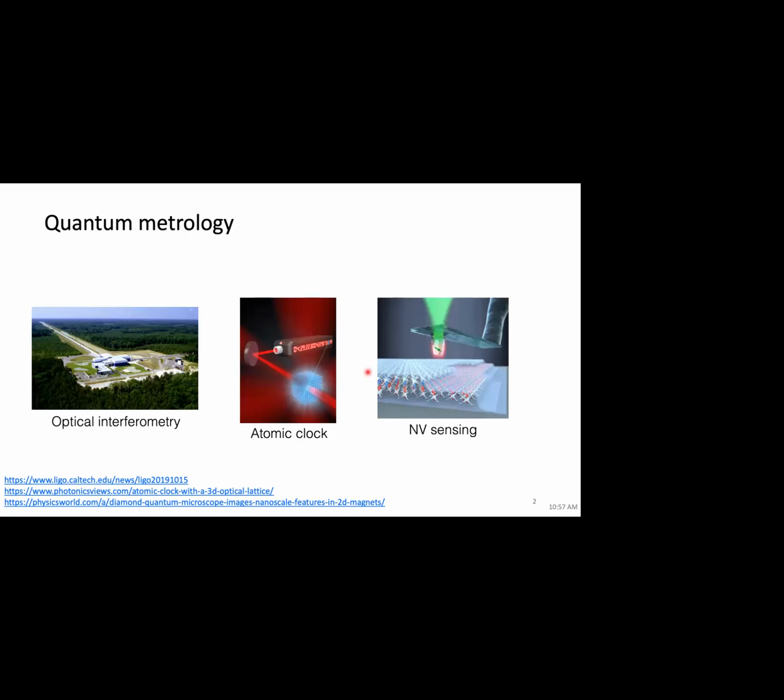And in nitrogen vacancy centers, we can estimate the magnetic field and electric field, and so on. My talk is going to focus on the theoretical aspect of quantum metrology, basically the underlying estimation model of these situations.